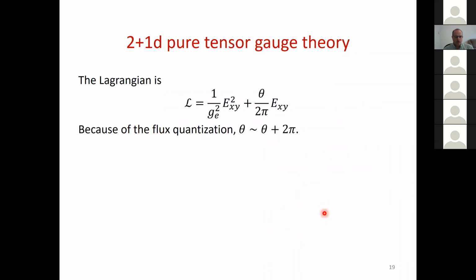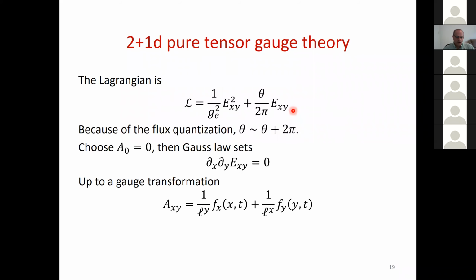So what is the Lagrangian? We're going to write an E squared, and since we had that quantized flux, we can also write a theta term with a periodic theta. And now we can just follow our nose and do what we normally do. So we choose a gauge, A0 equals 0. Gauss' law tells us that dx dy of E is 0. And that can be solved up to a gauge transformation by such an AXY.